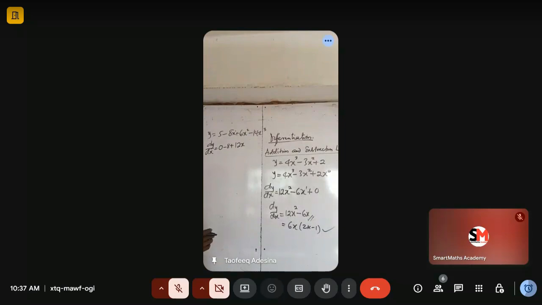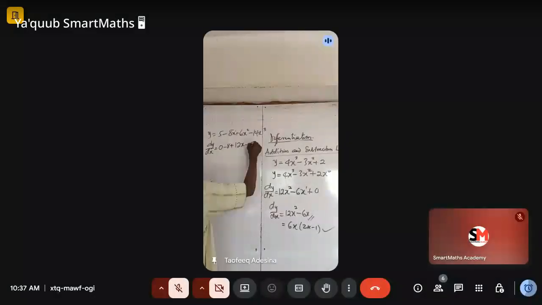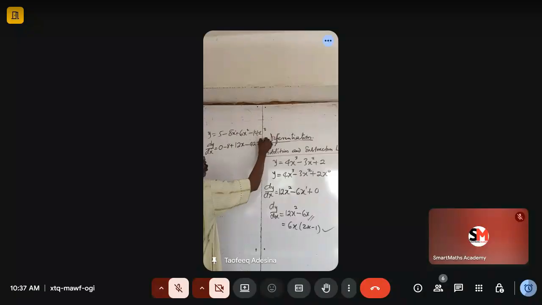Minus 14 times 3 will be 42, x raised to the power 3 minus 1, which is 2. So our dy/dx will now be equal to minus 8 plus 12x minus 42x squared.